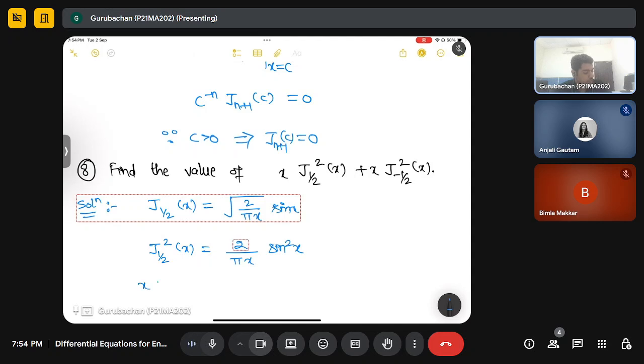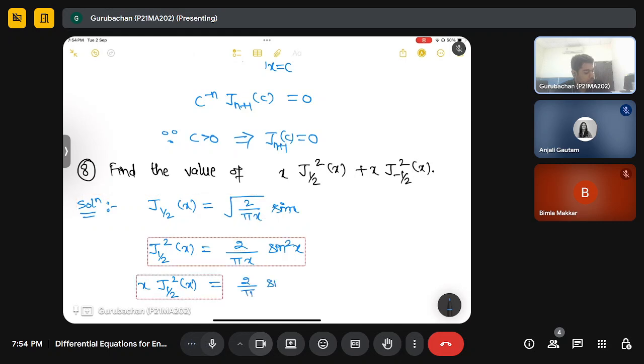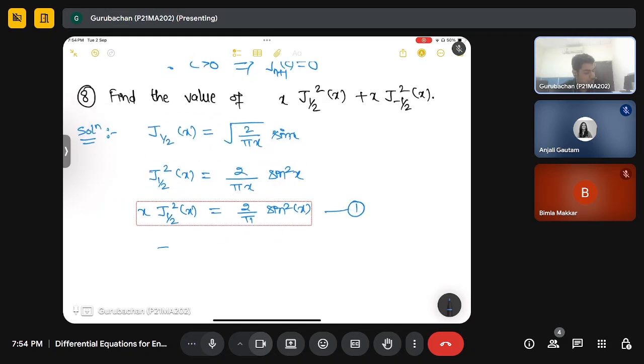So this gives x J_(1/2)^2(x) equals 2 by pi sin square x. Suppose this is equation number 1. Now for the next part, J_(-1/2)(x) is under root 2 by pi x cos x.